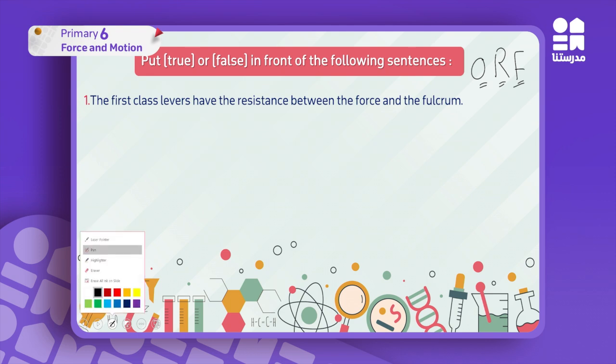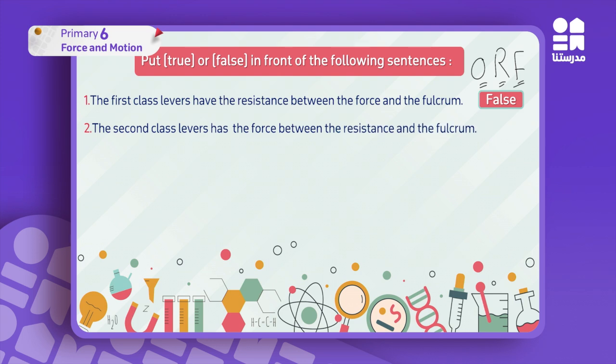Let's read the first question. The first class lever has the resistance between the force and the fulcrum. No, it's wrong. The second question. The second class lever has the force between the resistance and the fulcrum.